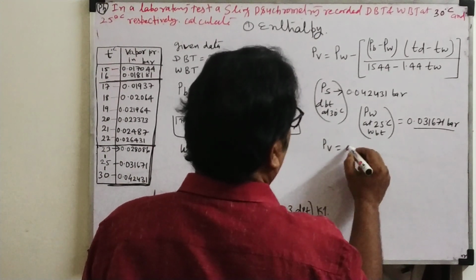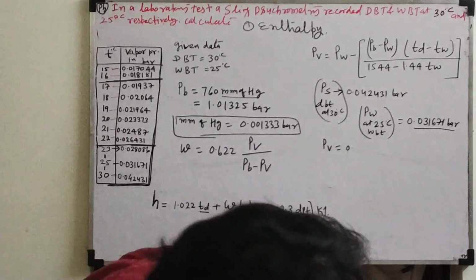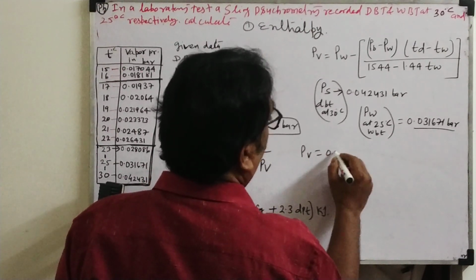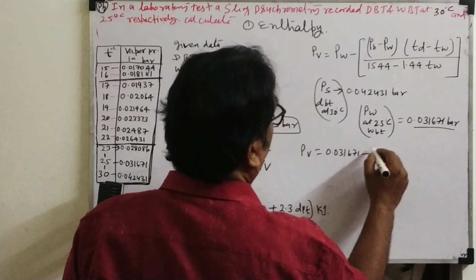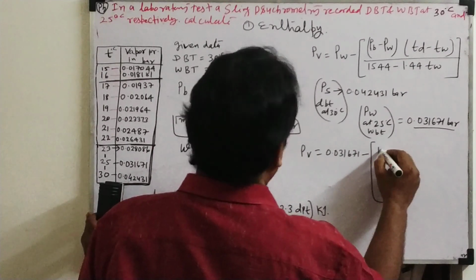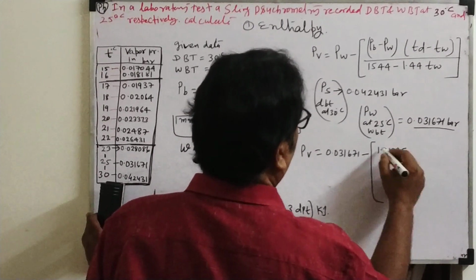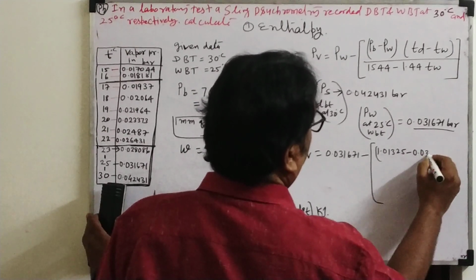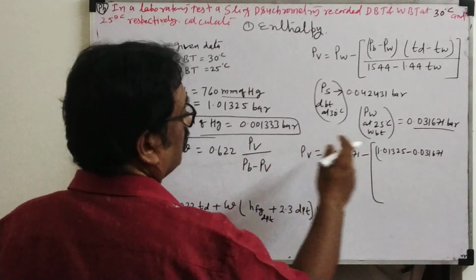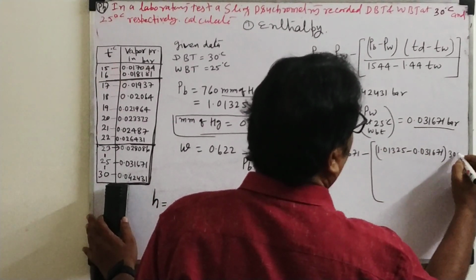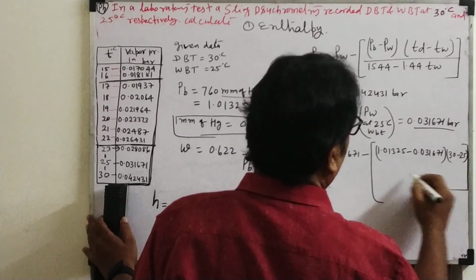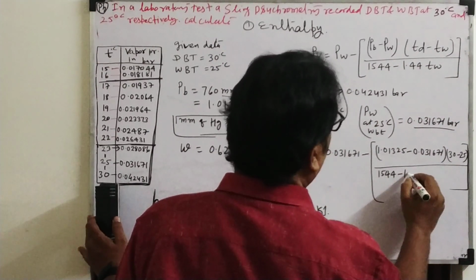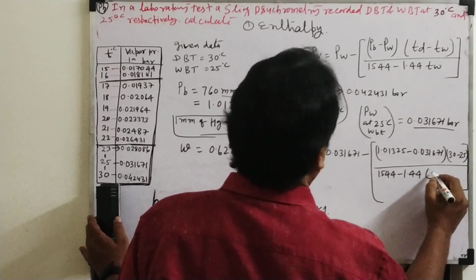Now substitute the values. PV equals PW, 0.031671, minus PB minus PW, that is 1.01325 minus 0.031671, into TD minus TW, 30 minus 25, divided by 1544 minus 1.44 into the wet bulb temperature 25.